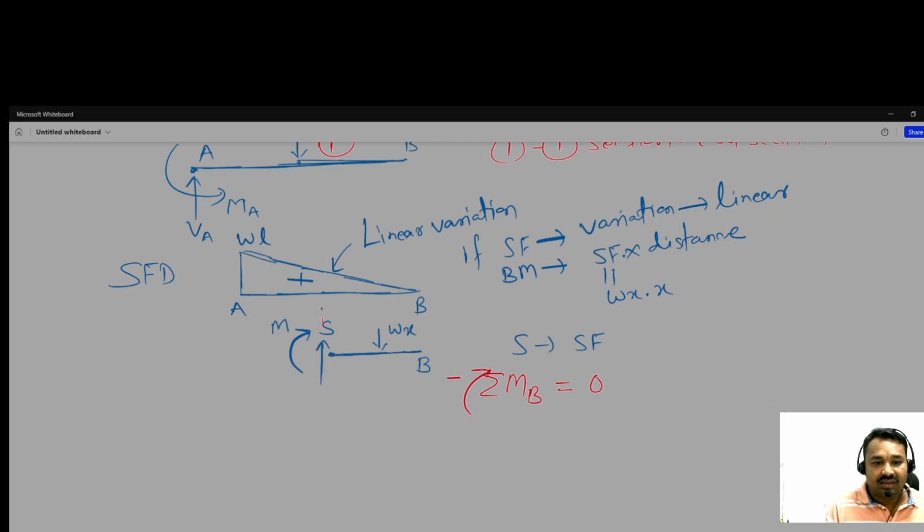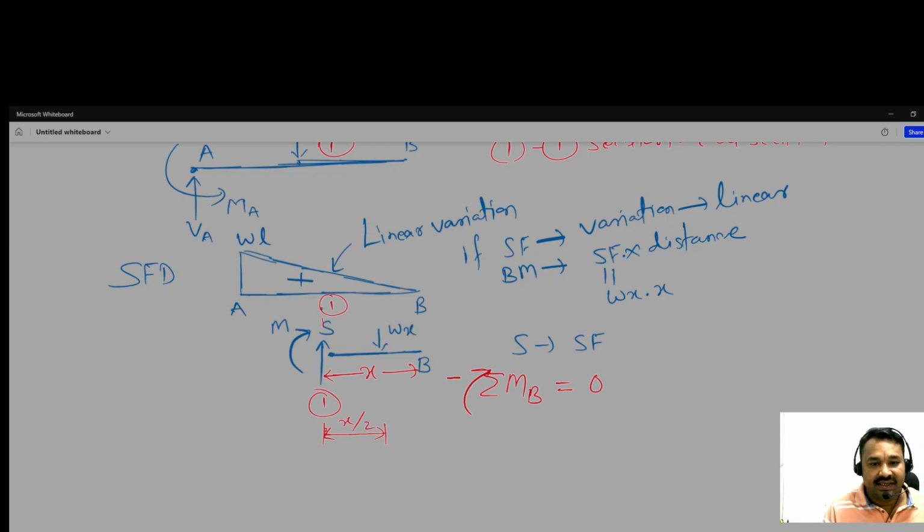This distance is x from B, section 1-1. The load wx acts at the middle, so its distance is x by 2.